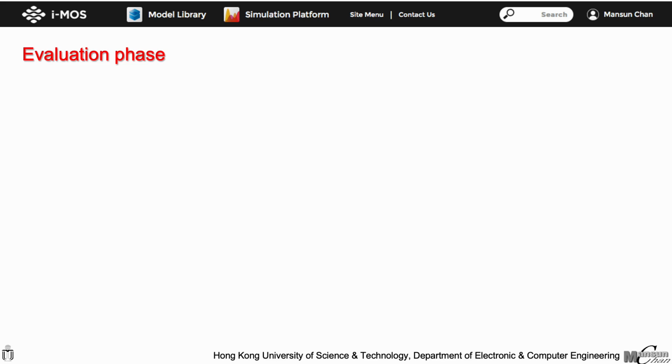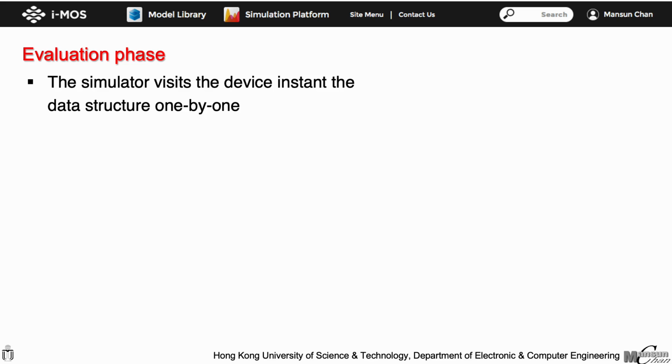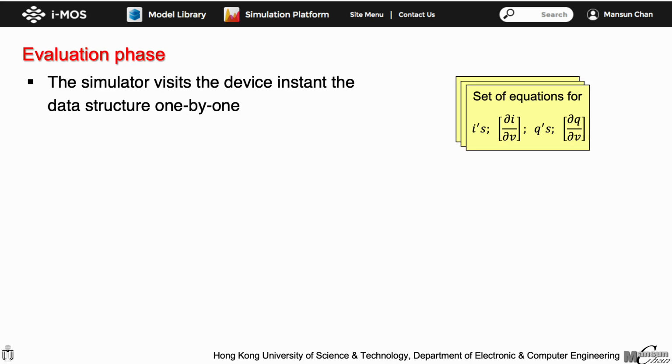After setting up the data structure, evaluating the bias-independent parameters, and reserving memory spaces for the circuit matrix, the simulator enters the evaluation phase. In this phase, the simulator will follow the pointers to visit the device data classes one by one. The device data classes contain the data structure of the device and the device-related equations.